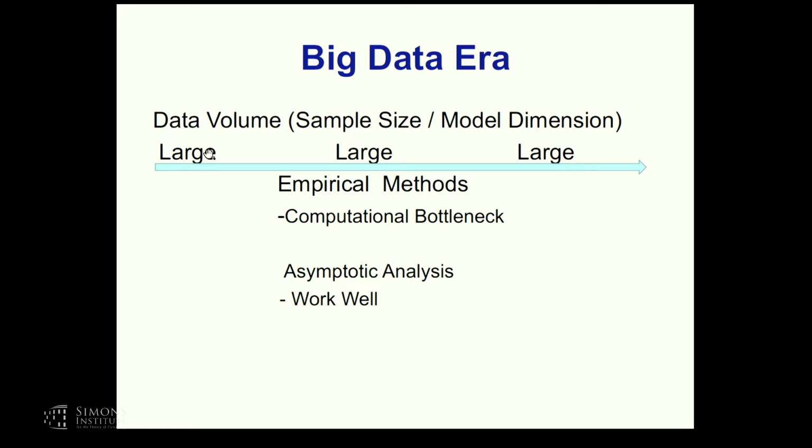However, the asymptotic analysis developed in the statistical community fits very well in this paradigm, because our sample size now is very, very large. So the question we can naturally ask is whether this asymptotic analysis can help to solve some of the computational issues in empirical methods.